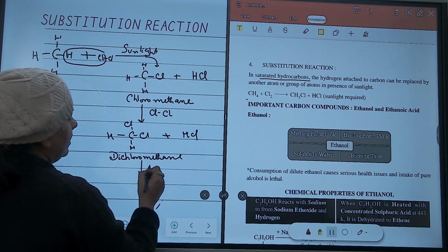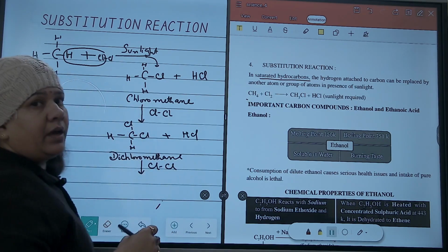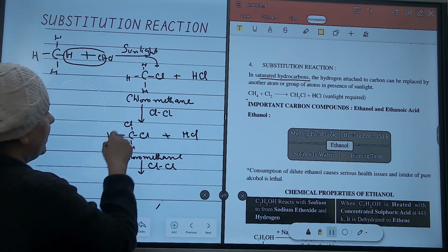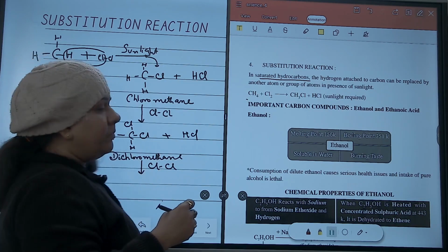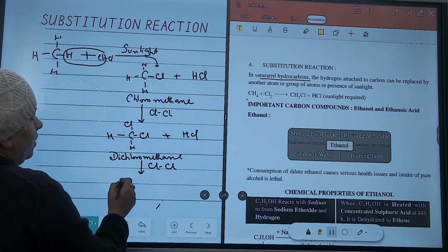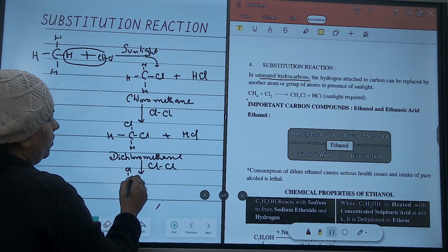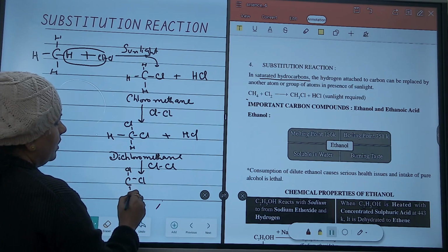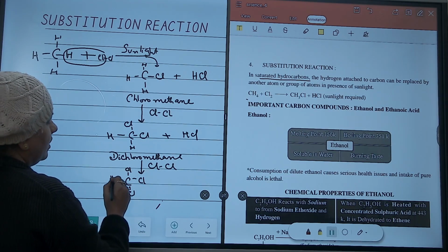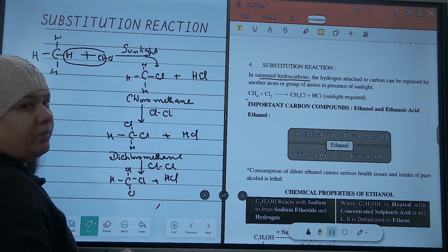Again, the reaction can continue as long as there are hydrogen atoms present. One by one, hydrogen atoms will be replaced. Now again, three chlorine atoms plus HCl. So this is trichloromethane.